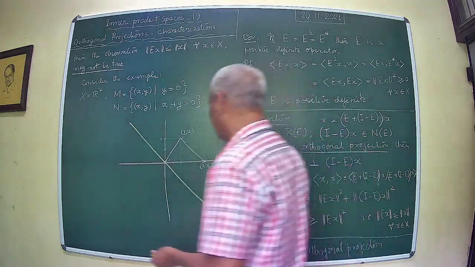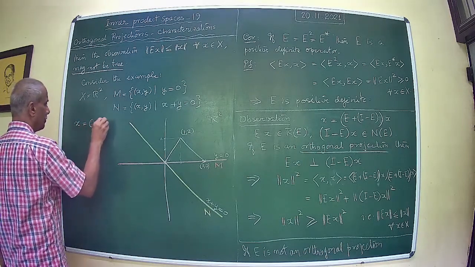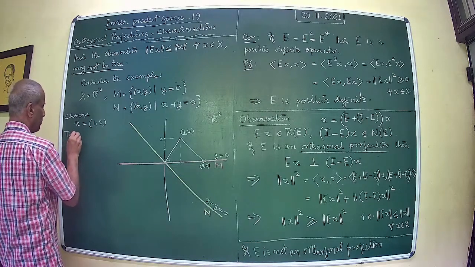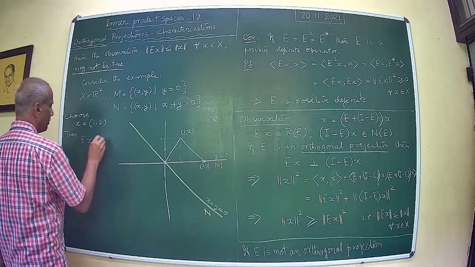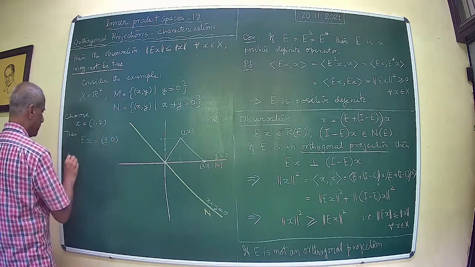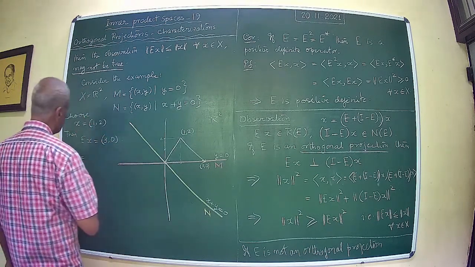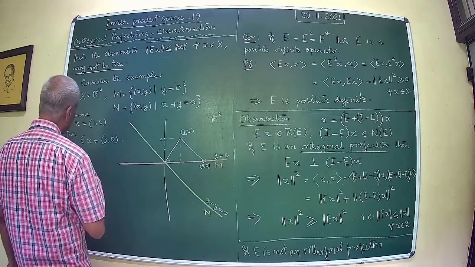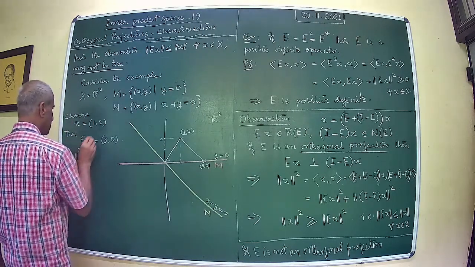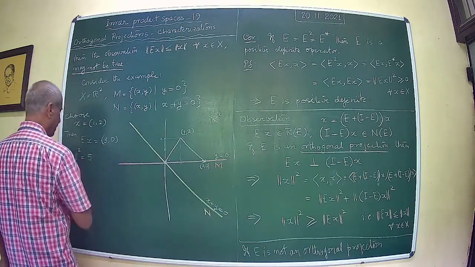So Ex equals (3, 0), and norm of x squared equals 1 square plus 2 square, which is 5.